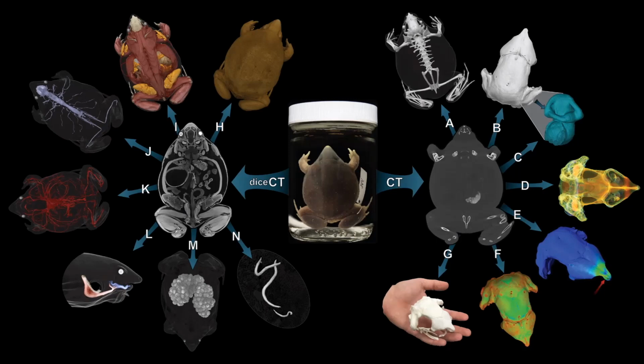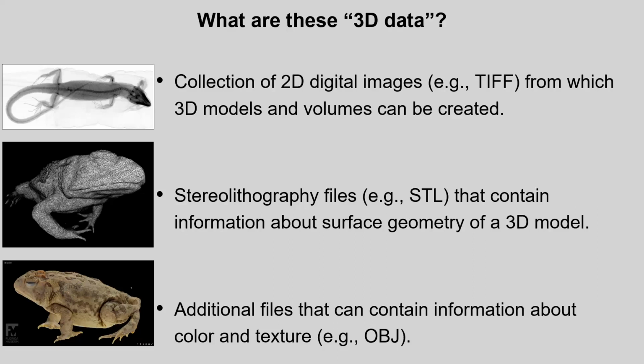We can't make these dead frogs drink barium, so instead what we do is we soak them in iodine. And the iodine enables us to see skins and muscles and nerves and the heart and the cardiovascular system, even eggs and parasites inside of them. So we can do an awful lot with just a single specimen we've spent time creating these data for.